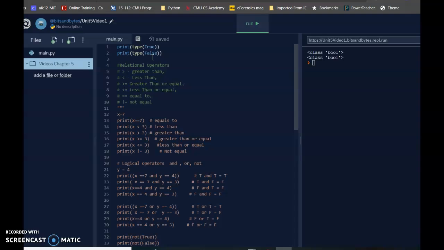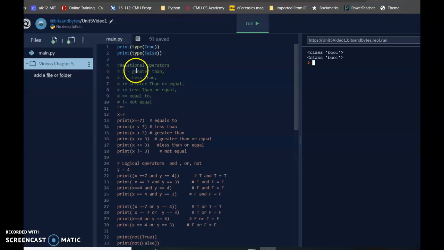Those are keywords, and they represent Boolean values. If I run this, over here to the right you see class bool. So that's one of the Boolean data types. Remember we talked about integers, floats, strings, and now true and false, and we're going to start working with Boolean expressions from here on out.